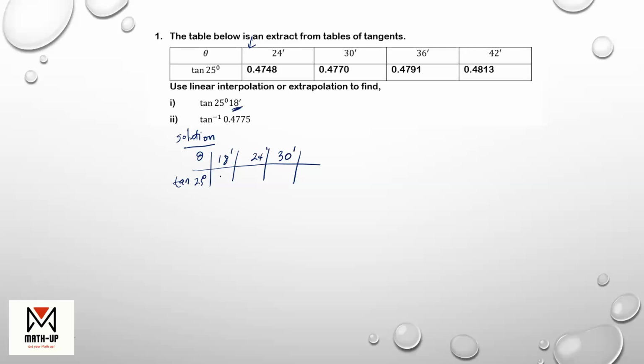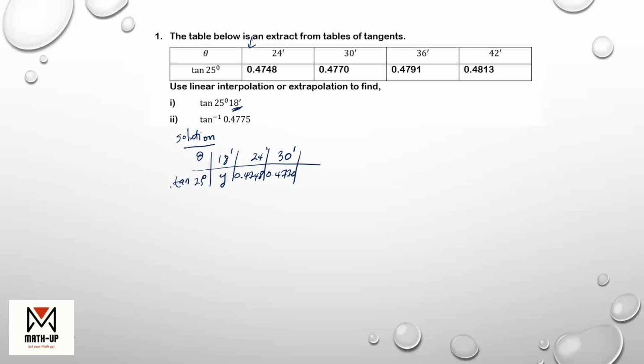So we are looking for what here? Let me call it y. We already have here 0.4748, and here we have 0.4770. Interpolation and extrapolation are based on the gradient method.